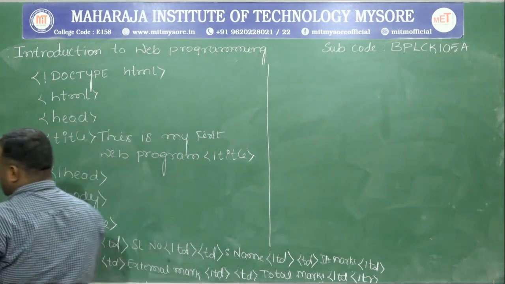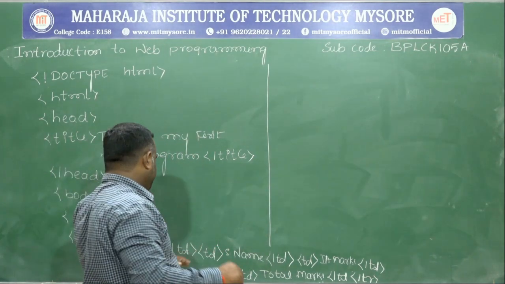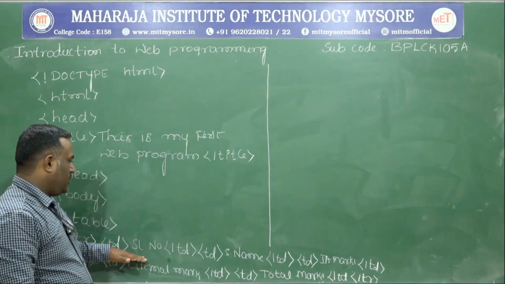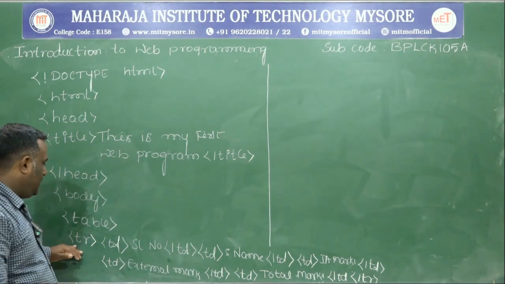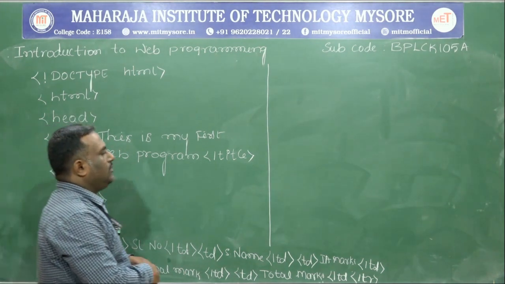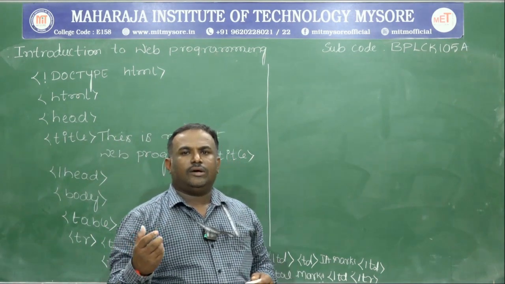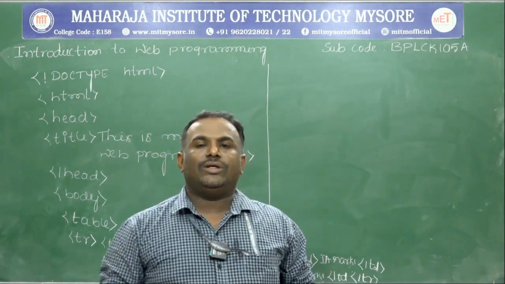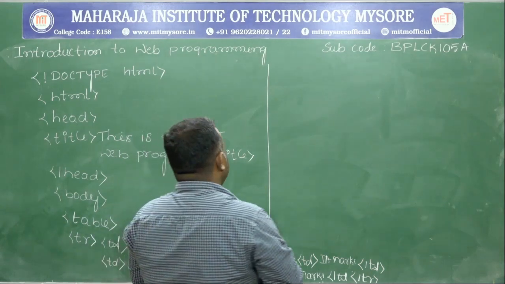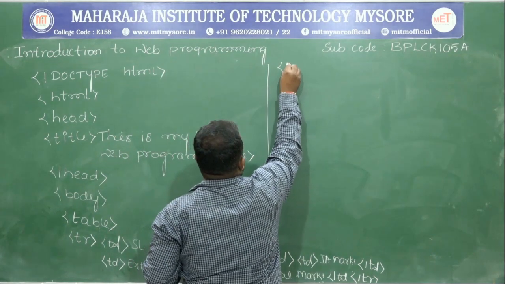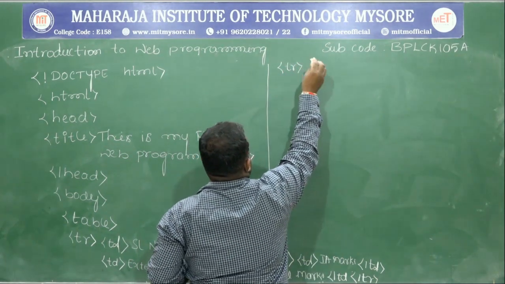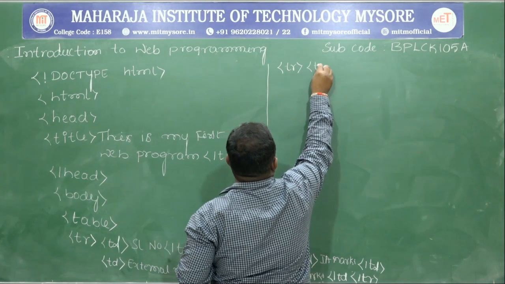Next, the first row is created by using the tr. Now I am going to enter the data into the table by using tr followed by td.